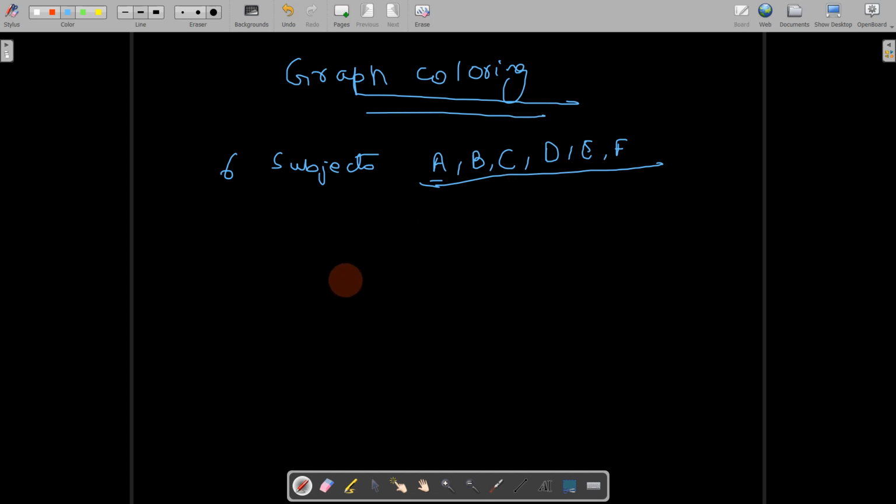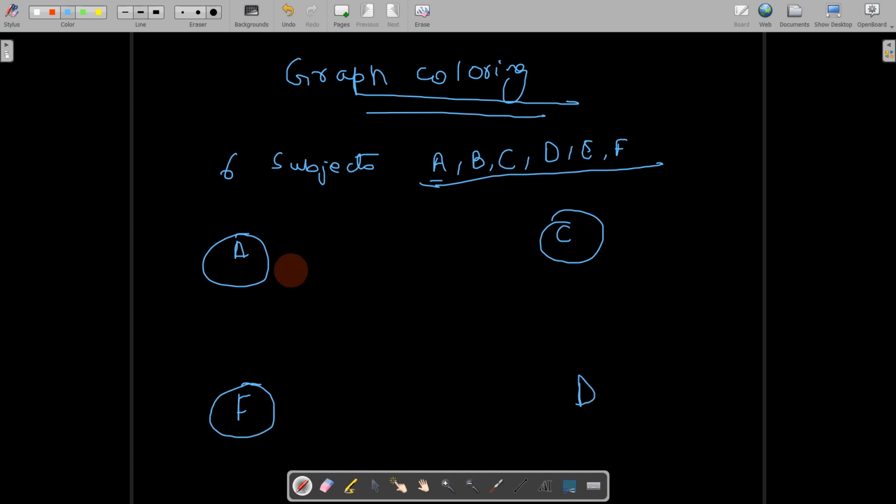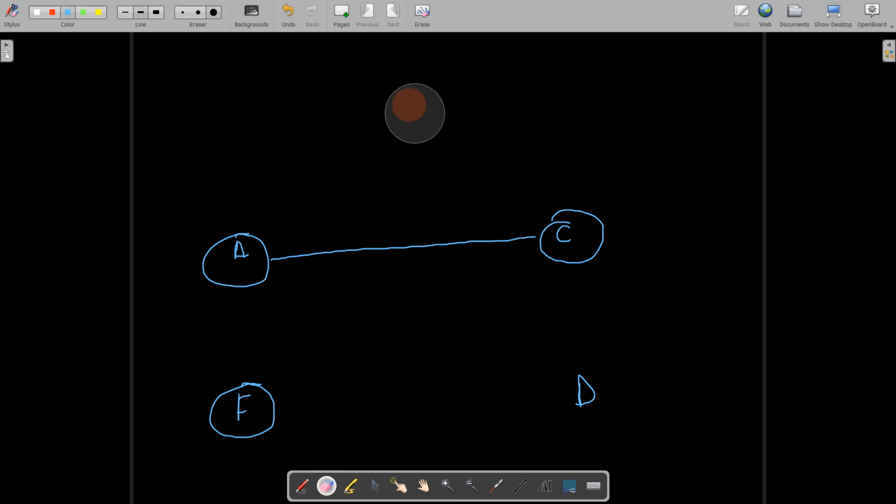So the graph of the subjects where the same student is giving both the subjects is represented like this: A, C, F, D, like this. I will remove the above writing, so I have more space to draw.